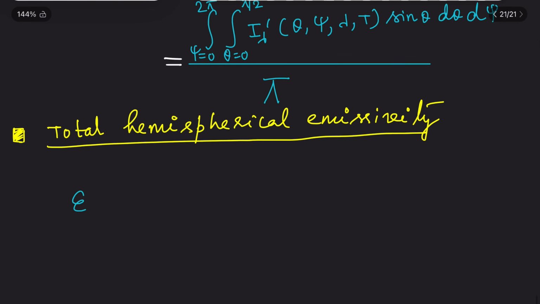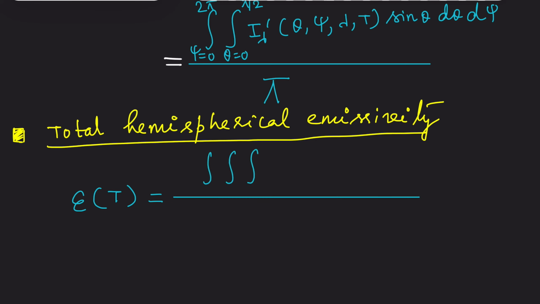Now it will neither be a function of direction nor a function of wavelength, because it has been integrated with respect to both of them. So it will only be a function of temperature, and there will be three integrals with respect to theta, psi and lambda.